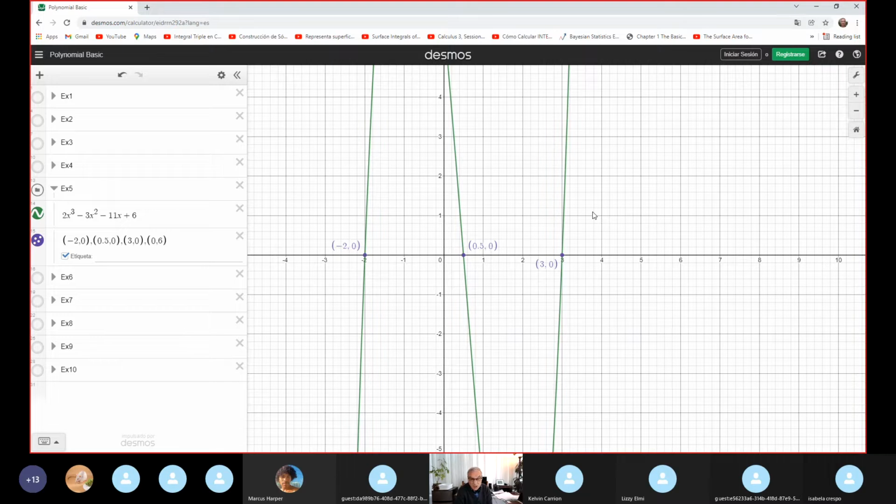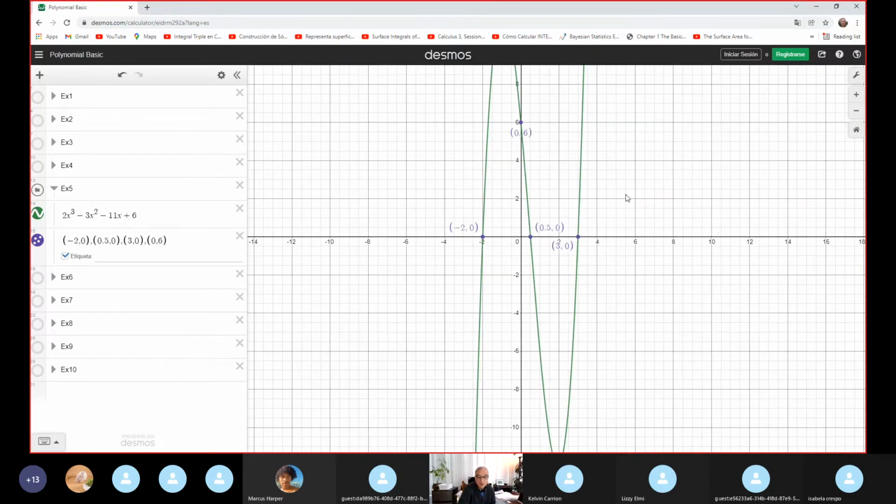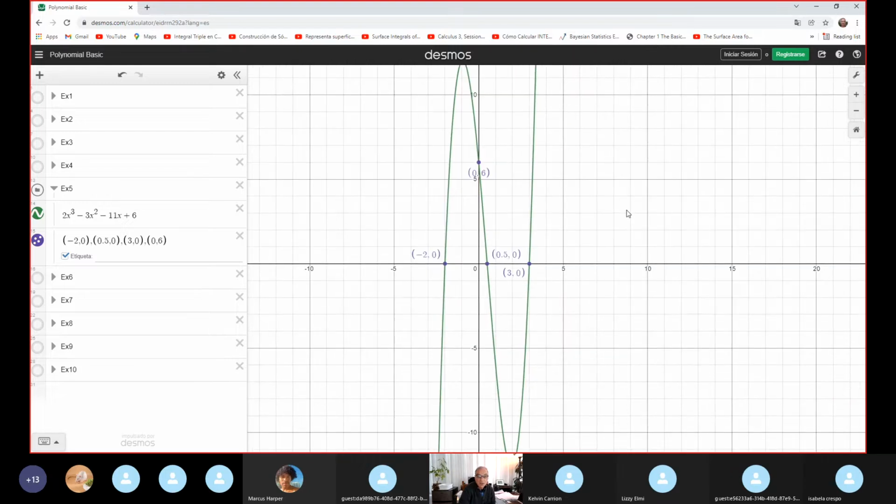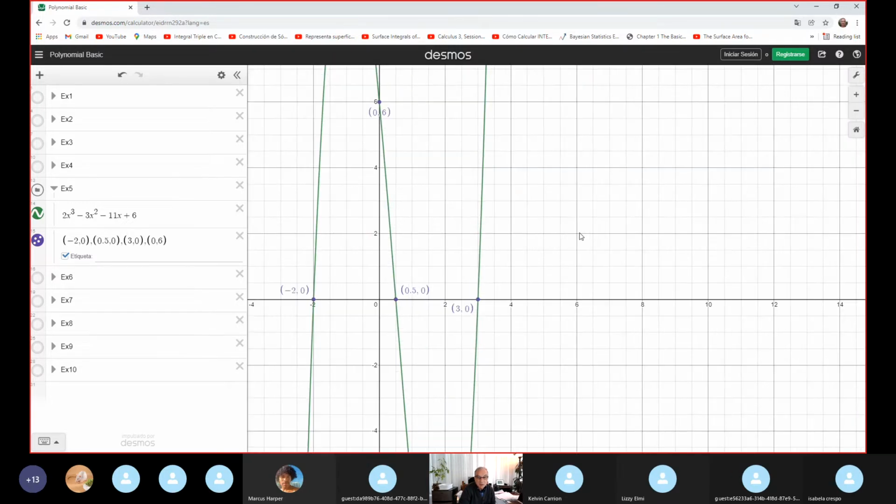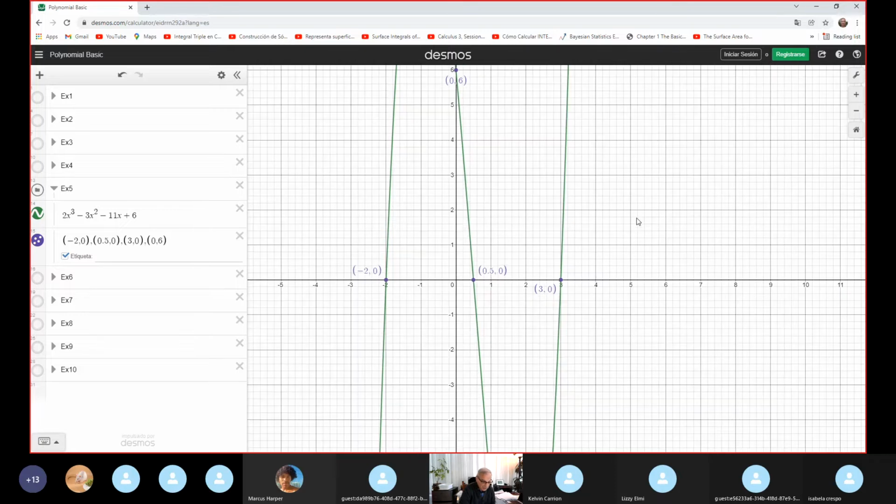I copy it onto my piece of paper. I focus on the zeros. I saw we have a zero at 3, a zero at negative 2, and a zero at positive 0.5, which is 1/2.